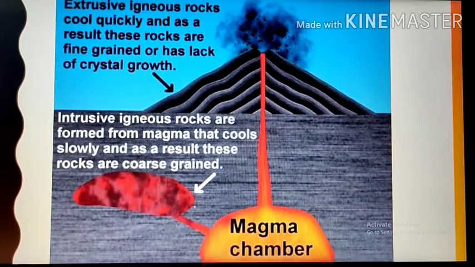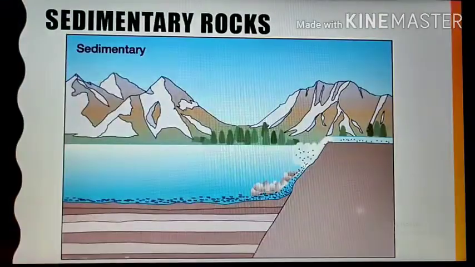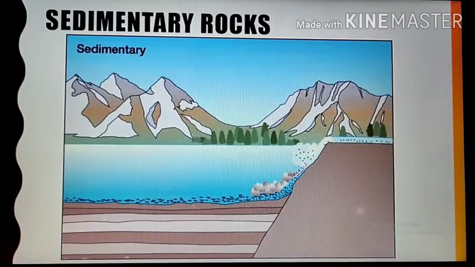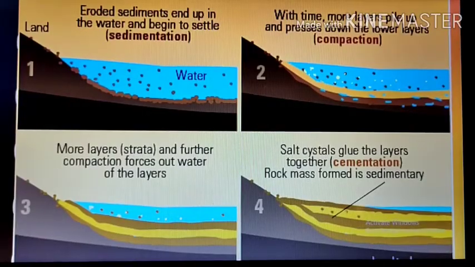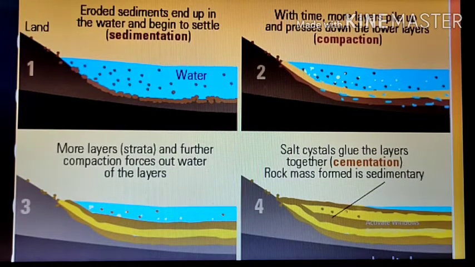Now, let's talk about the sedimentary rocks. Now, over here in this figure, you can see the formation of the sedimentary rocks. Rocks roll down, crack, and hit each other and are broken down into small fragments. These smaller particles are called sediments.